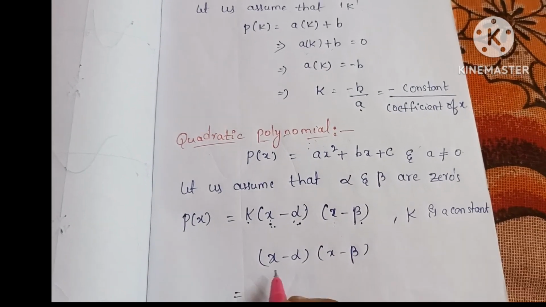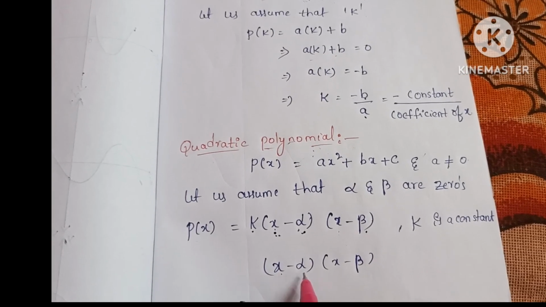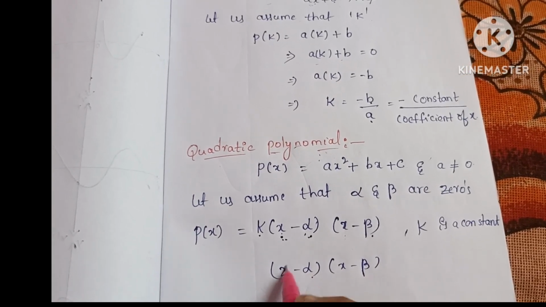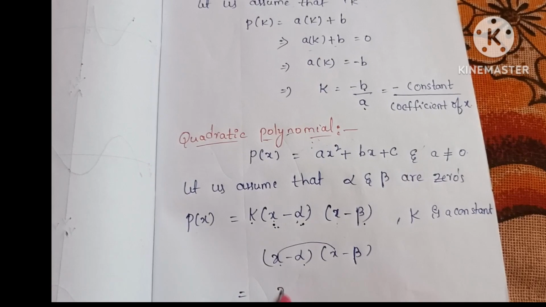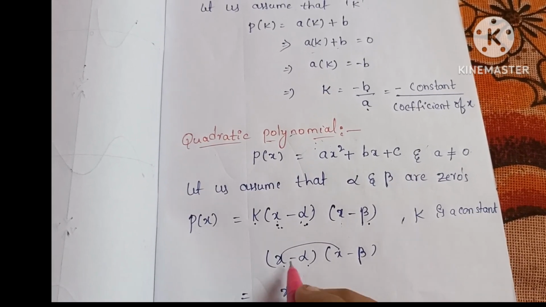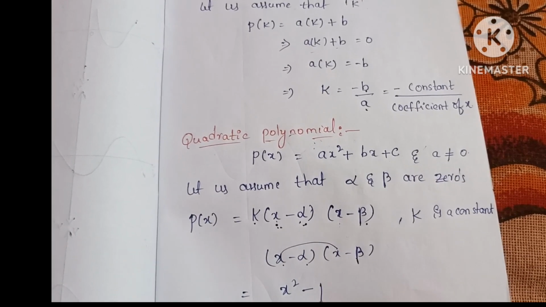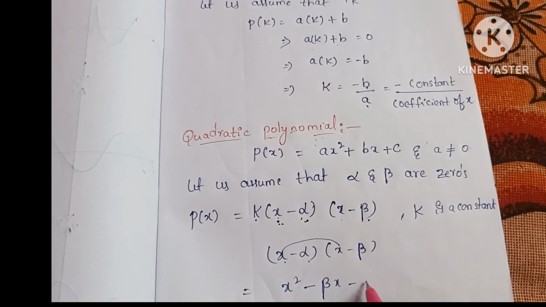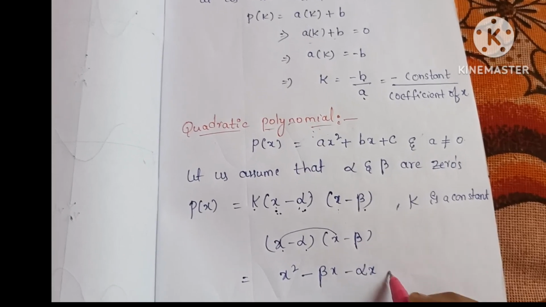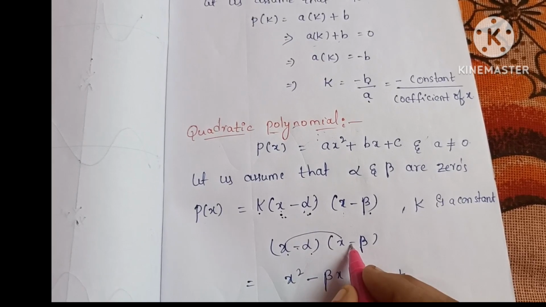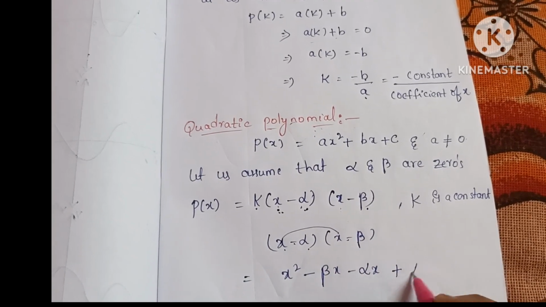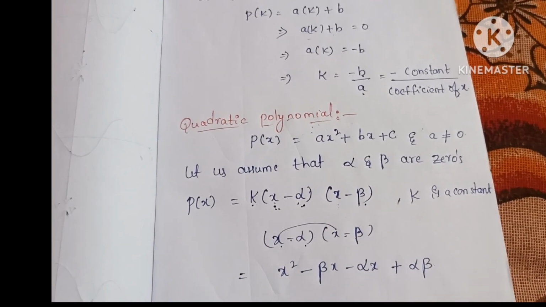Now x minus alpha into x minus beta: x into x is x square, minus x into beta, minus alpha x, plus, minus times minus is plus, alpha beta.